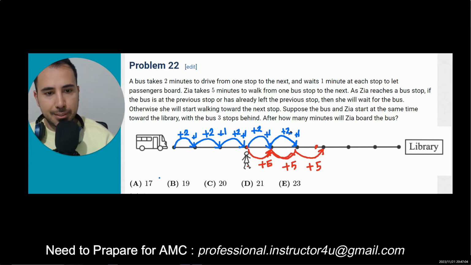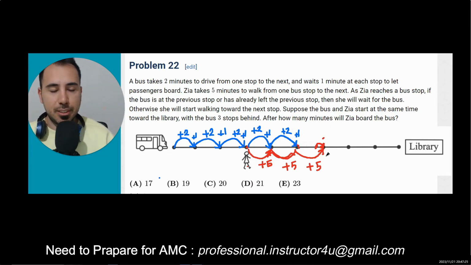But the bus is already there. Exactly at 15 minutes, the bus is at the previous bus stop, about to leave. So Zia looks at the person.